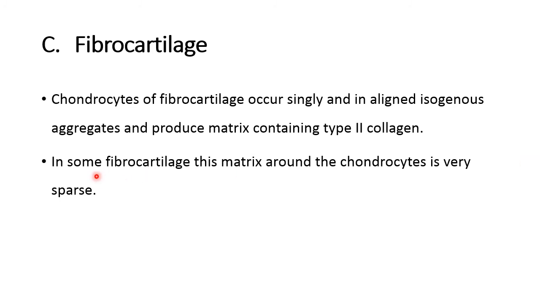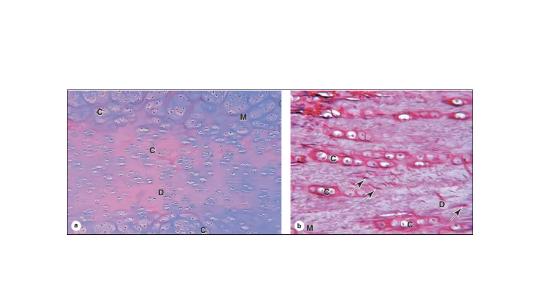In some fibrocartilage, the matrix around the chondrocytes is very sparse أو بيسموها territorial matrix, just immediately around the chondrocytes.